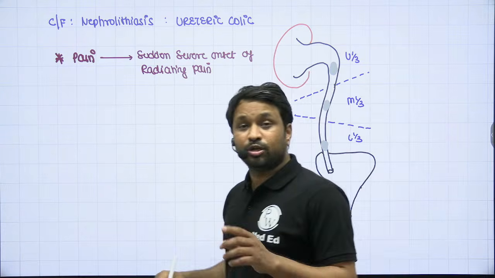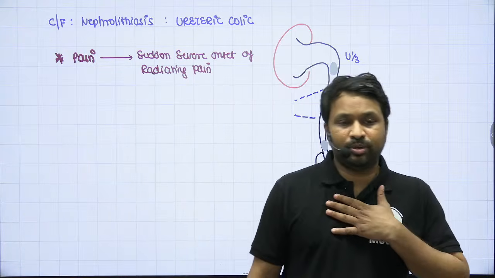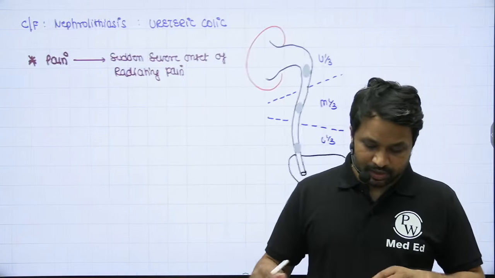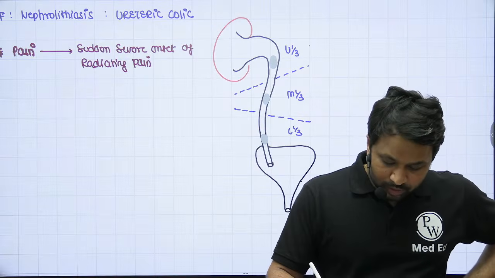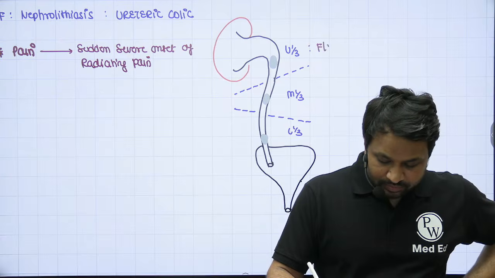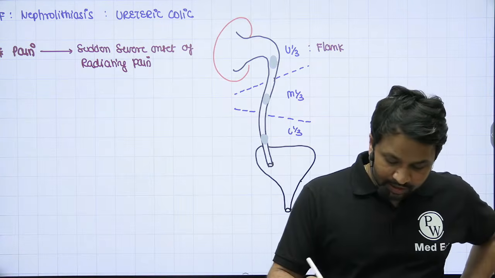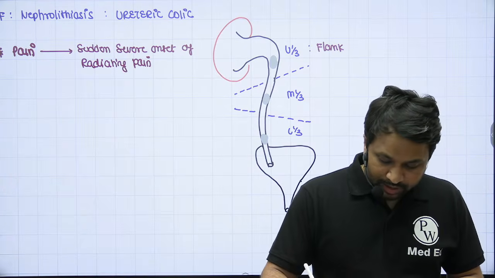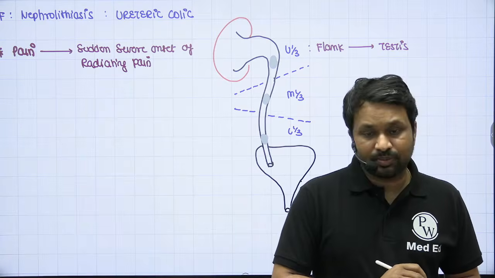The pain will radiate depending on whichever side the stone is present. For example, if the stone is present in the upper 1/3 of the ureter, the pain will be in the flank, that is behind in the kidneys. From the flank, it is going to radiate to the corresponding testes, whichever side the stone is present.